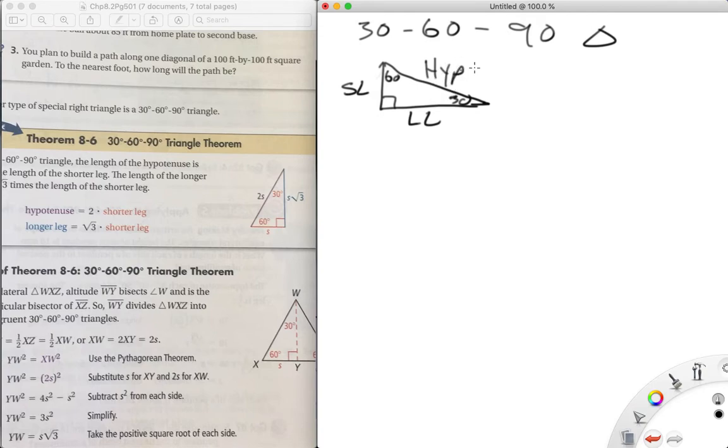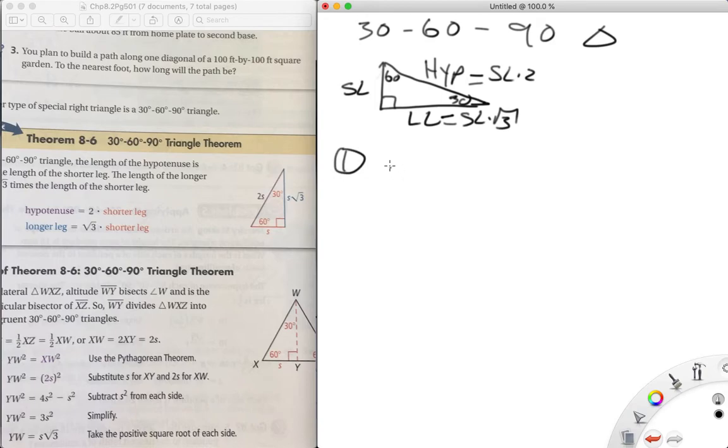Okay. And the hypotenuse is going to be the short leg times 2. Okay, and my long leg is going to be equal to short leg times the square root of 3. So I have two equations.